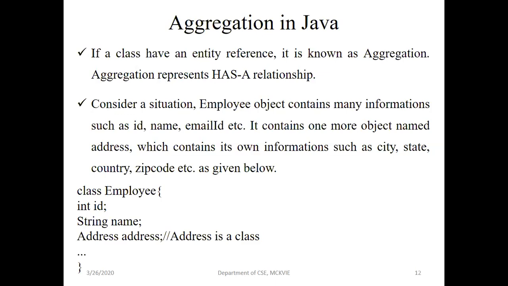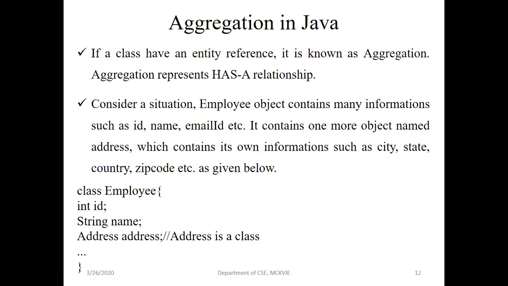Consider a situation: an employee object contains many pieces of information about an employee, such as his ID, his name, his email ID, etc. It contains one more object named address, which contains its own information such as city, state, country, zip code, etc.